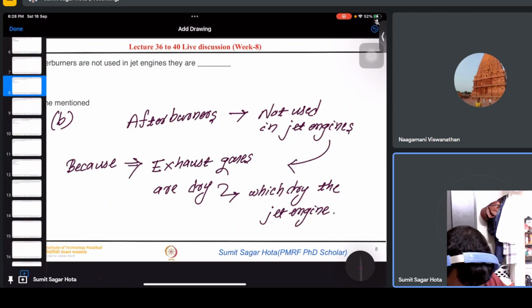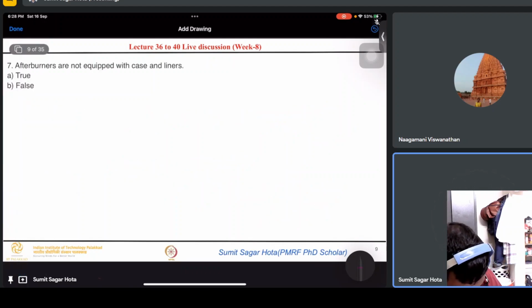Okay. Next question. Afterburners are not equipped with case and liners. Obviously, if somebody is making some system dry, then there must be a liner. That's a very common thing. Whether a case is there or not: because this is a closed system, obviously a case should be there with the afterburner, and obviously a liner is also there.